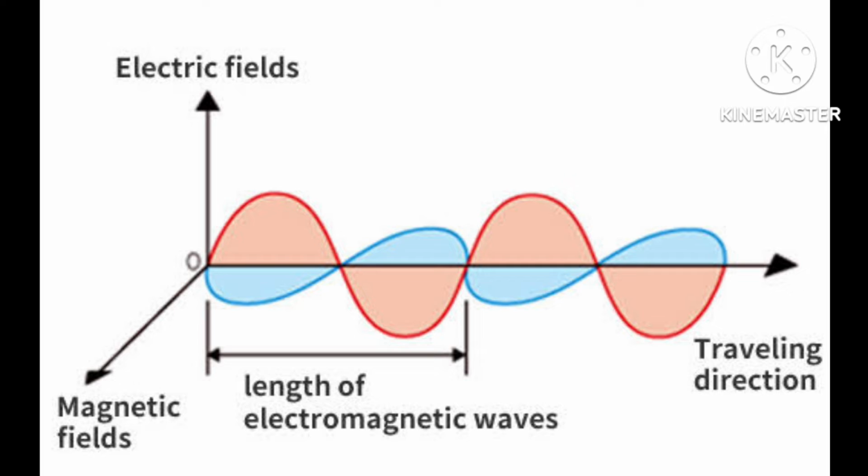Both terms are associated, hence the term electromagnetic. Then light wave. Light flows like that. Light is the example of electromagnetic wave. Light flows like that. It moves in a vacuum.